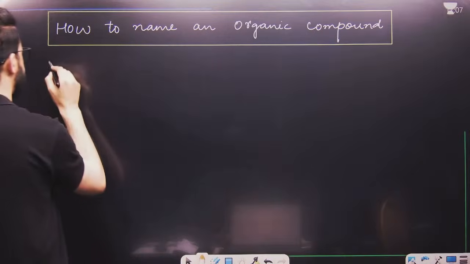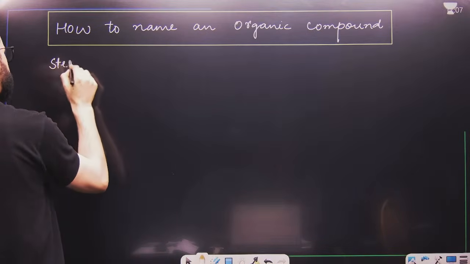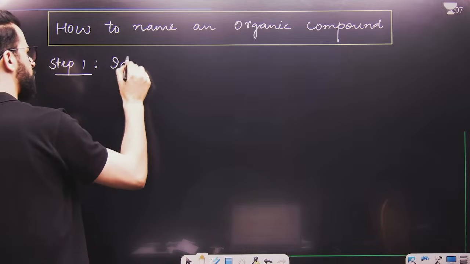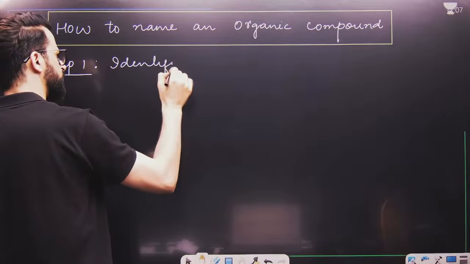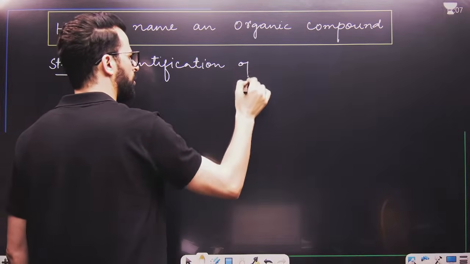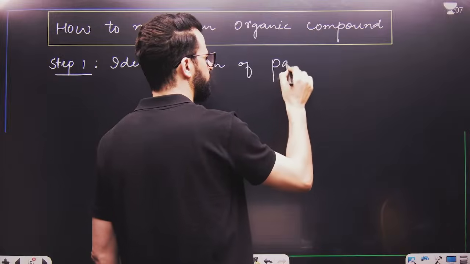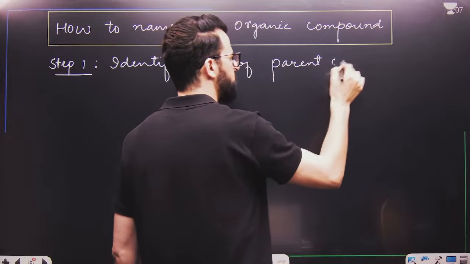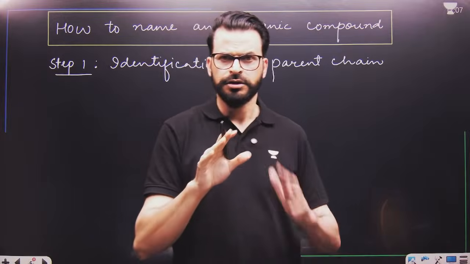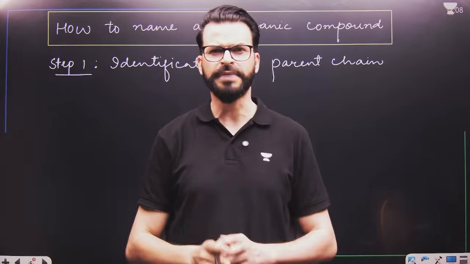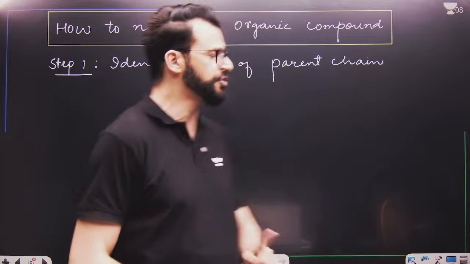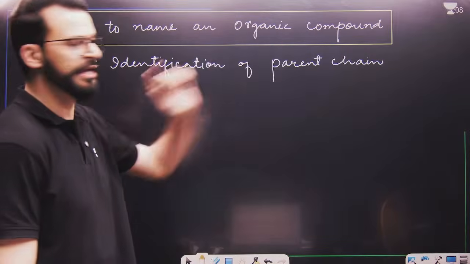Step number one is always identification of the parent chain, meaning the main chain. It's not that the examiner has given you an organic compound and you try to name it. No, that's the wrong way. You have to first of all identify the parent chain.